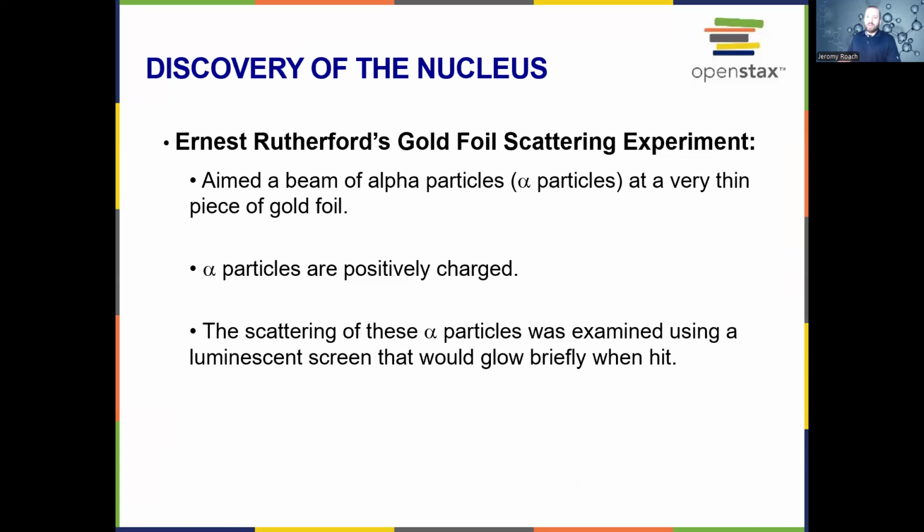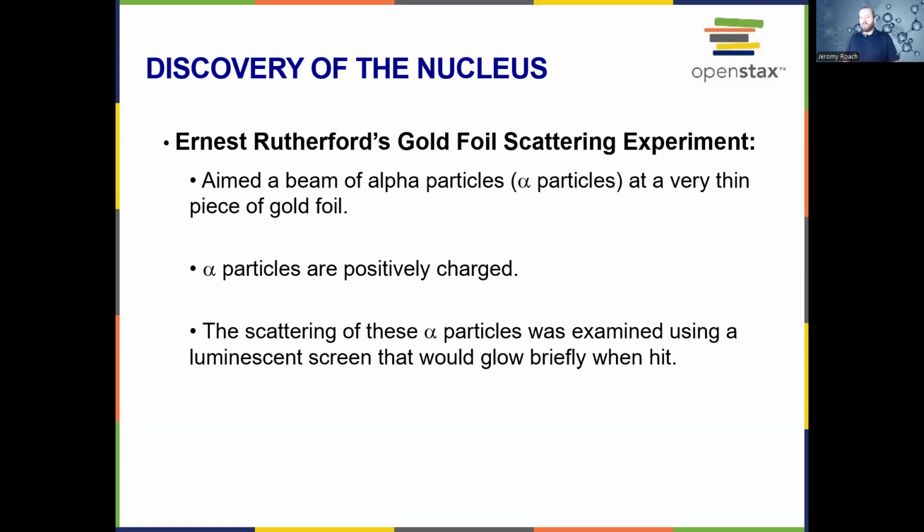Another scientist who contributed to the scientific discovery of the components of atoms is Ernest Rutherford. He had what's called a gold foil scattering experiment. What he did is he was able to get these alpha particles and concentrate them toward a very thin piece of gold foil.